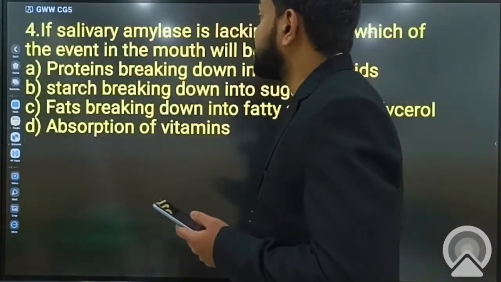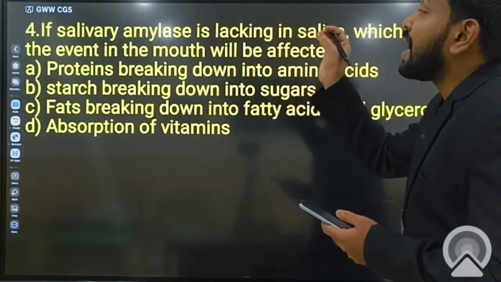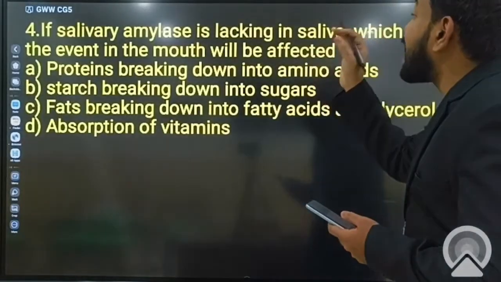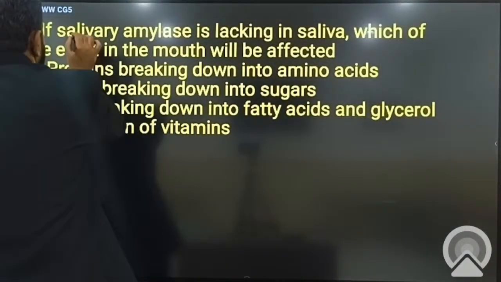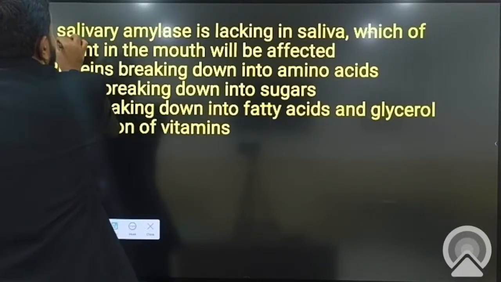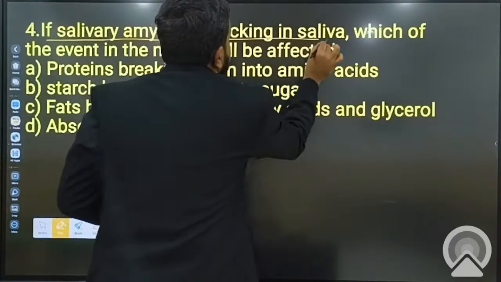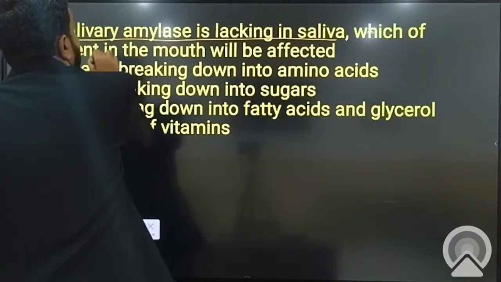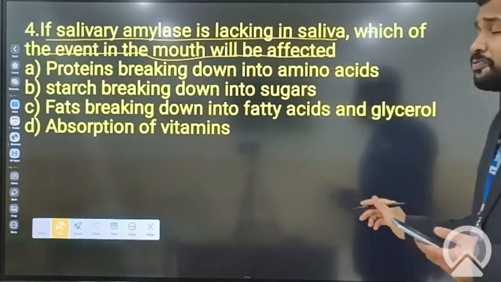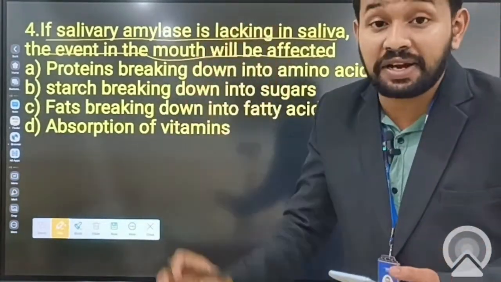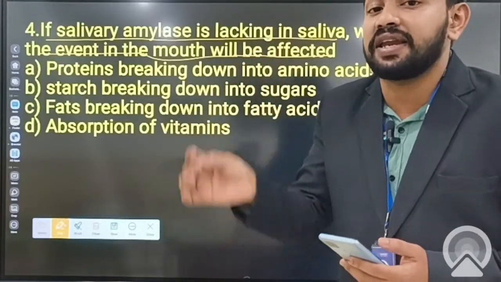That is the fourth question. If salivary amylase is lacking in saliva, which event in the mouth will be affected? In the mouth the salivary gland secretes saliva.